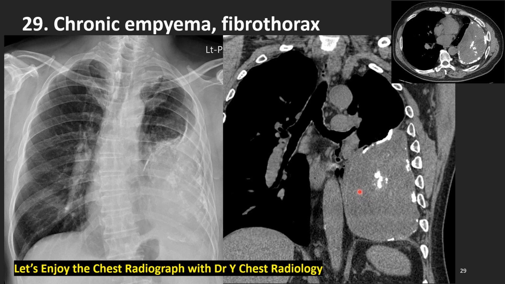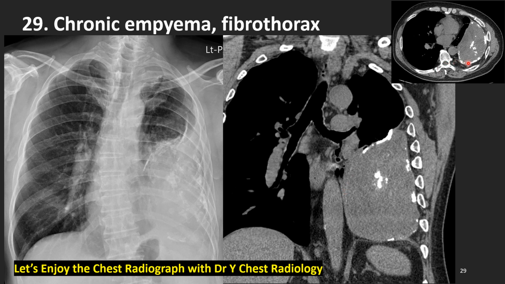Let's see the coronal non-contrast CT. Yes, this is chronic inflammation encircled with parietal pleural and visceral pleural calcifications. This is chronic empyema or fibrothorax.